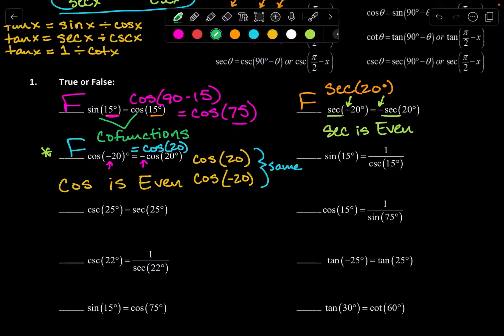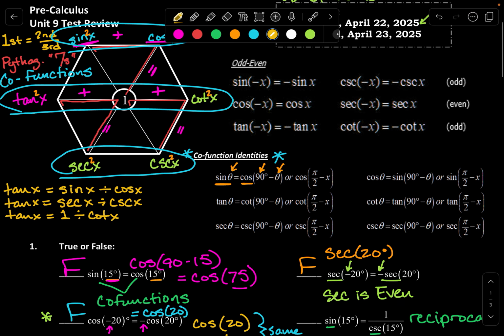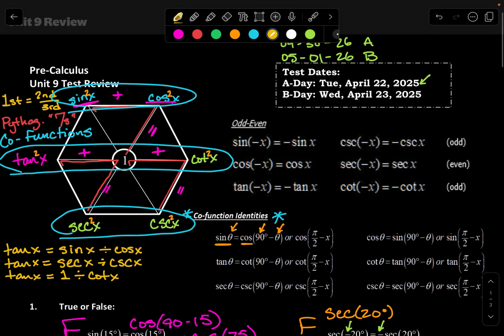Next, I have sine of 15 equaling 1 over cosecant of 15. Now this one, the way it's set up, it looks like a reciprocal function. And so I want to first make sure that these things are reciprocals. If I go to my hexagon, reciprocals are across from each other, all the way across.